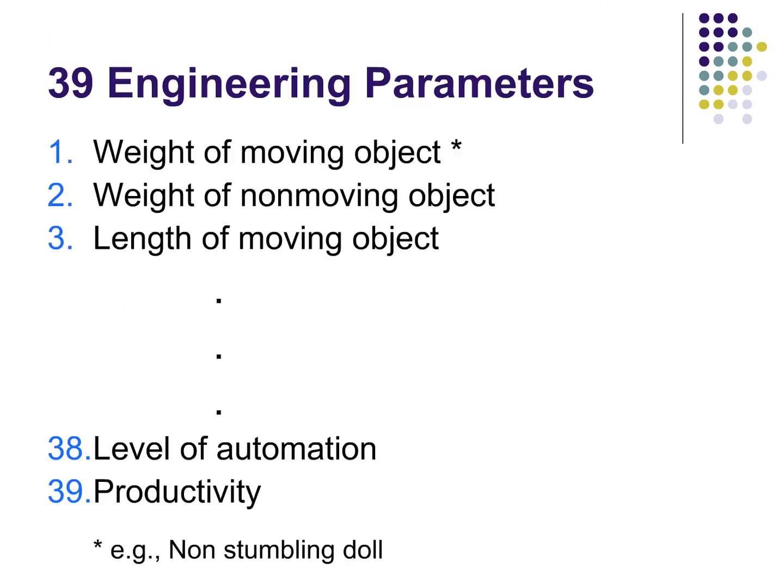TRIZ also provides 39 engineering parameters, including weight, such as improving or changing the weight of moving objects or non-moving objects, the length, the width, you name it. Now just look at the weight of a moving object. How many of you have seen children using toys that never fall or stumble?